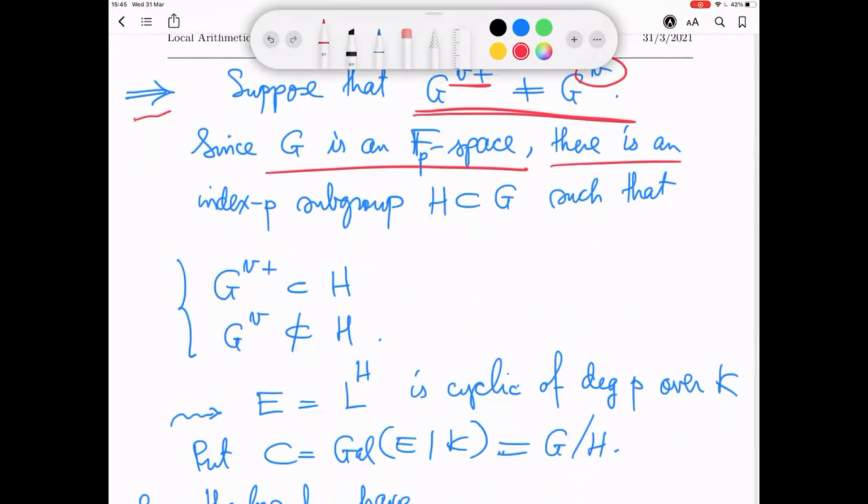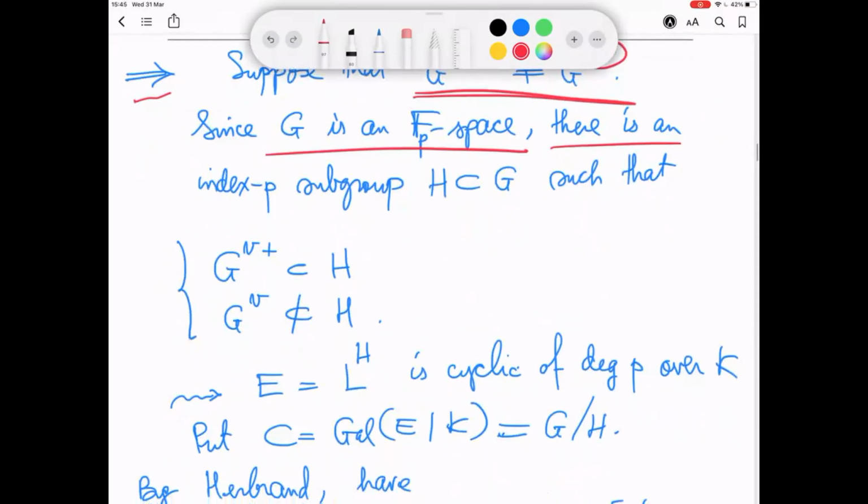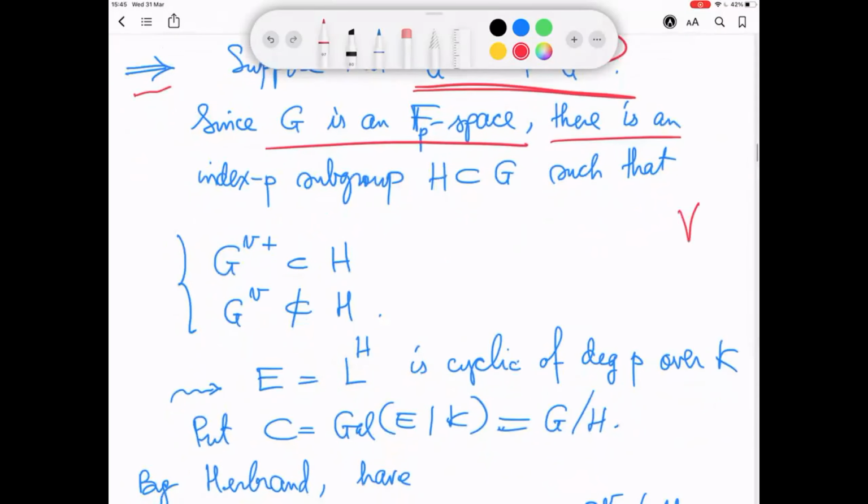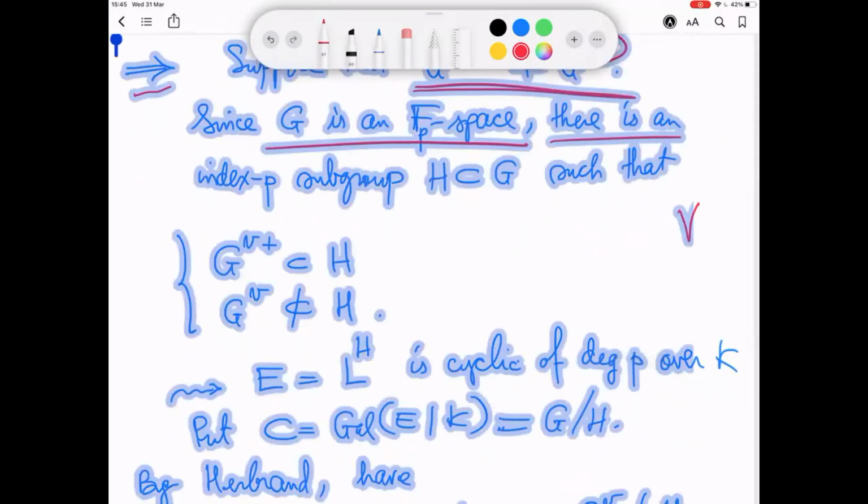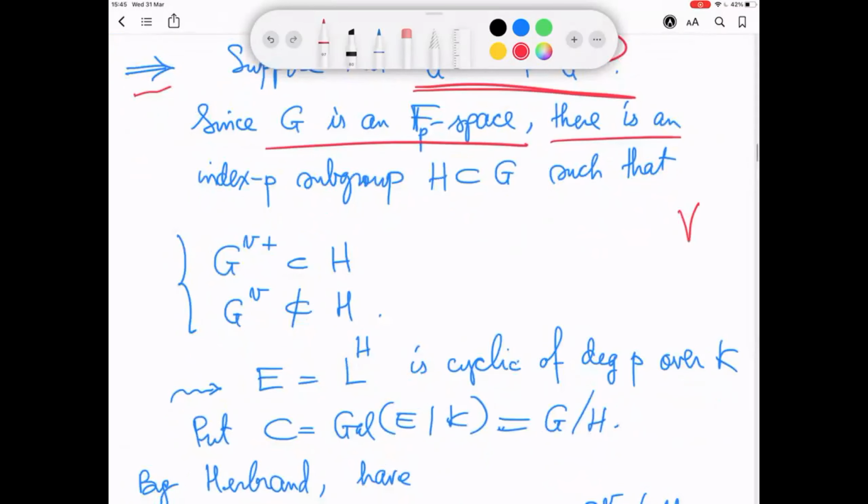One of the properties of vector spaces is that if you have a vector space V and two subspaces, W1 and W2, with W1 contained in W2 but not equal to W2, then there is a hyperplane.